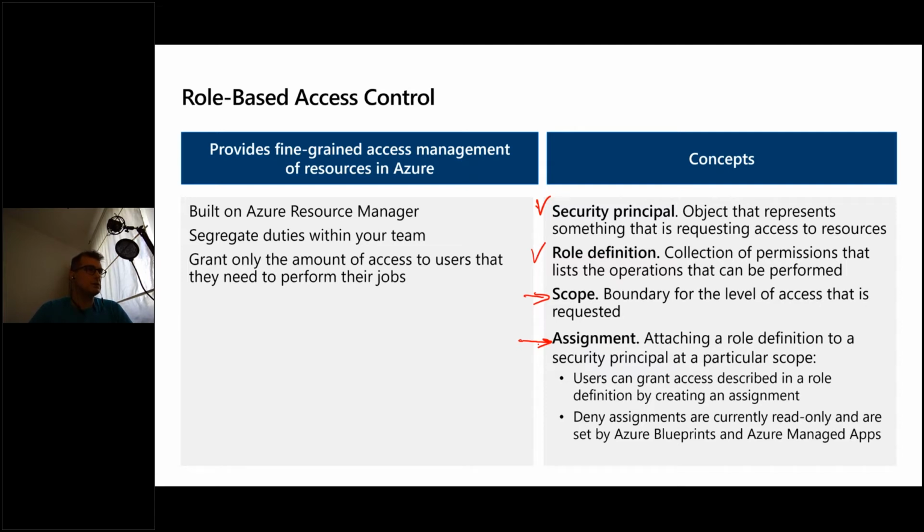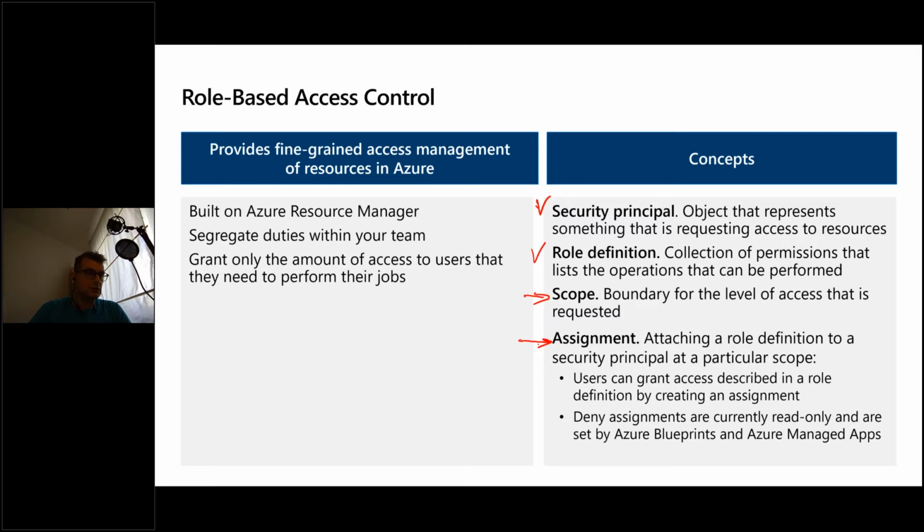So it is attaching a role definition to a security principal at a particular scope. Users can be granted access described in the role definition by creating an assignment, and we'll see that in the portal.